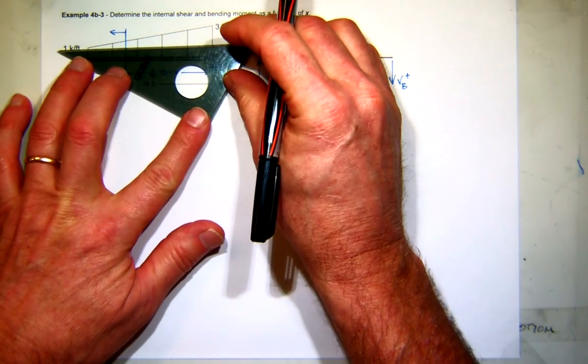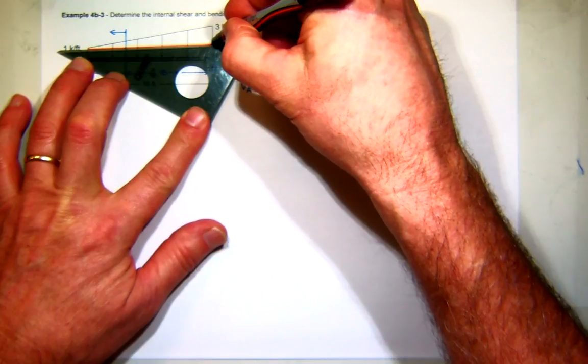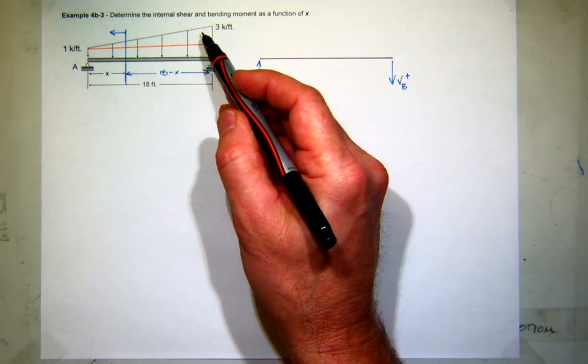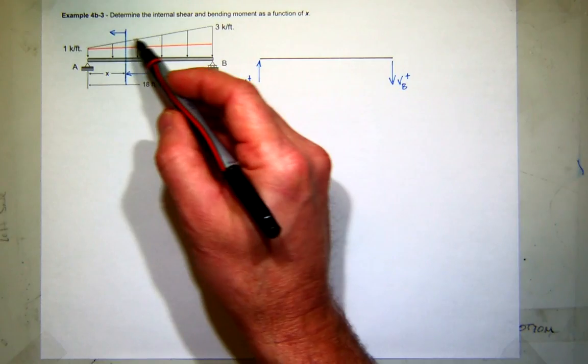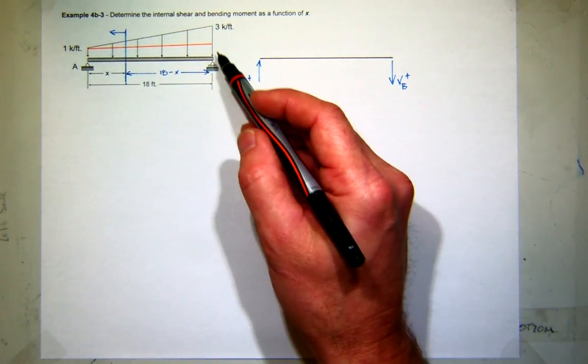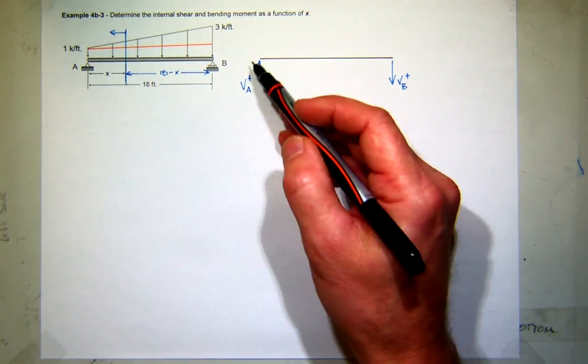Now this load needs to be broken up into a rectangular portion and a triangular portion. Let's do the rectangular portion first. So the area of a rectangle is base times height. The height is 1 kip per foot. The base is 18.